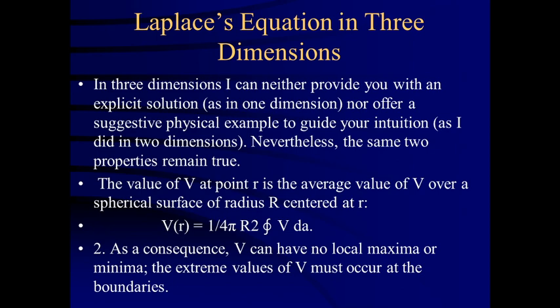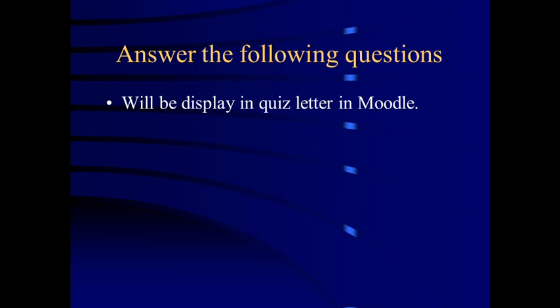So V of r is equal to 1 upon 4 pi R square, that is the surface area of the sphere, times the surface integral of V dA. And the second conclusion is again the same. As a consequence, we cannot have local maxima or minima. The extreme value of V must occur at the boundaries only.